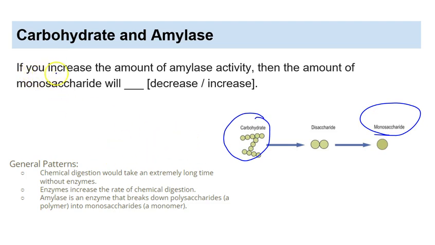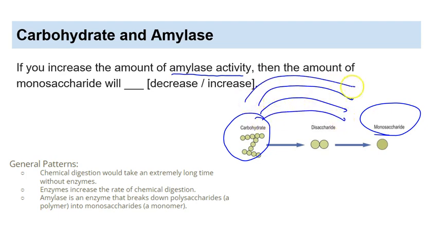The question asks, if you increase the amount of amylase activity, what would happen? If we increase the amylase activity, it means we are going to digest or break down more polysaccharide carbohydrate to monosaccharide. And then what's going to happen to the amount of monosaccharide? Obviously, if we increase the amylase activity, then we would have a greater amount of monosaccharide.